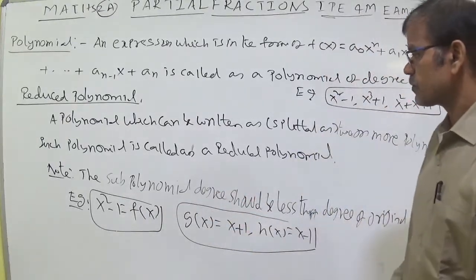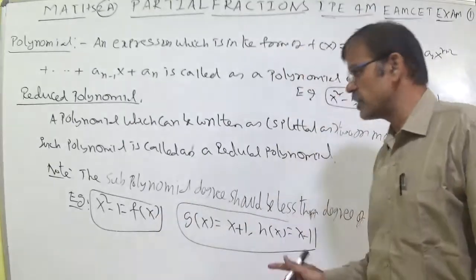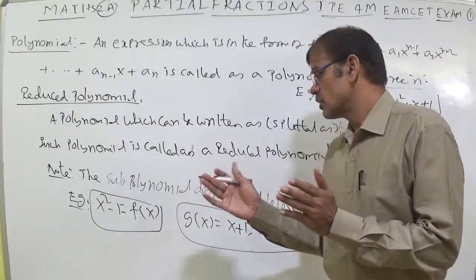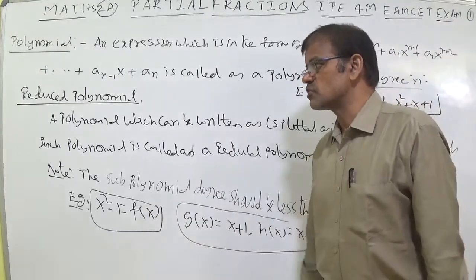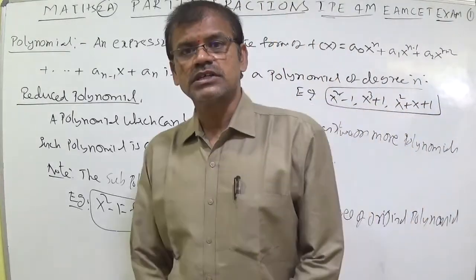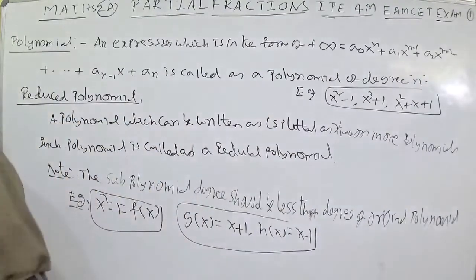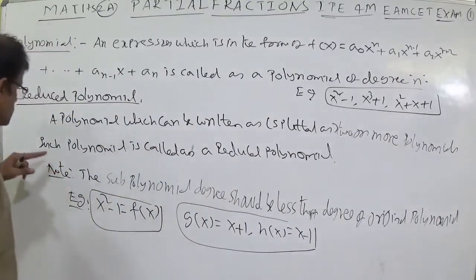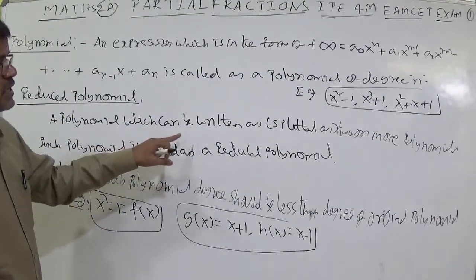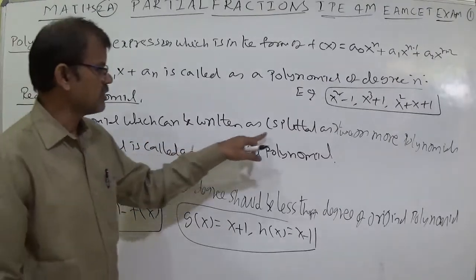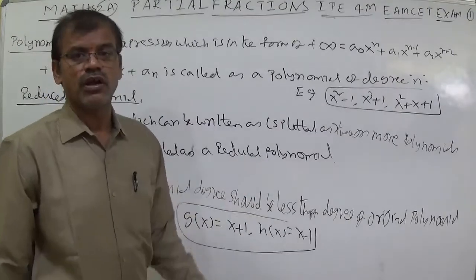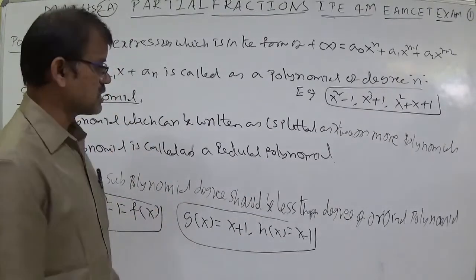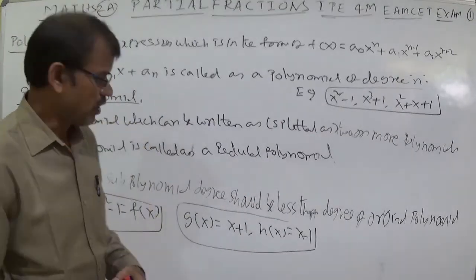Whatever polynomial can be split into two or more, such a polynomial is called a reducible polynomial. Otherwise, it is said to be an irreducible polynomial. What is otherwise? The same definition: a polynomial which cannot be split or written in the form of two or more subpolynomials is called an irreducible polynomial.